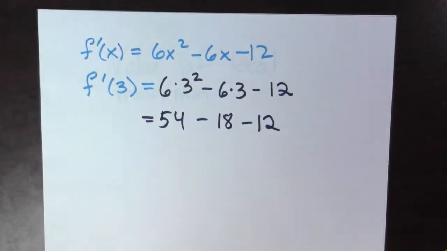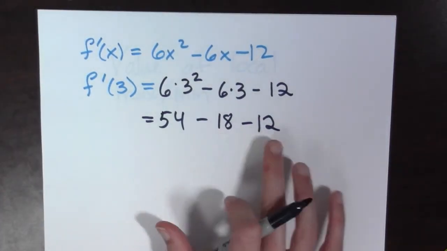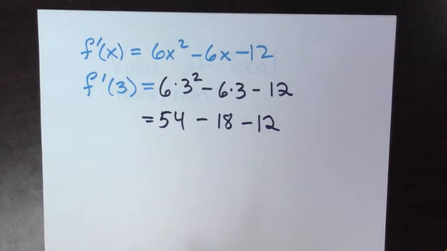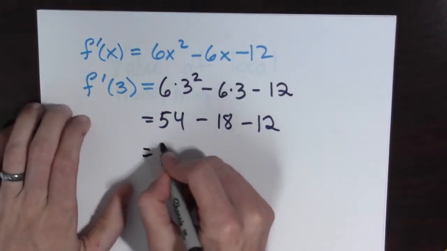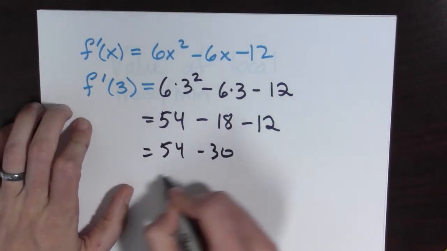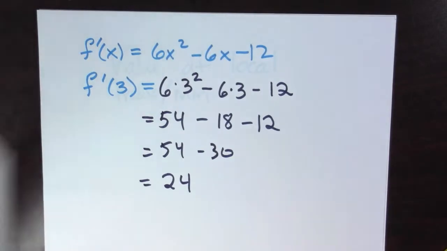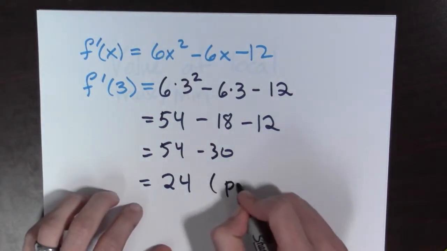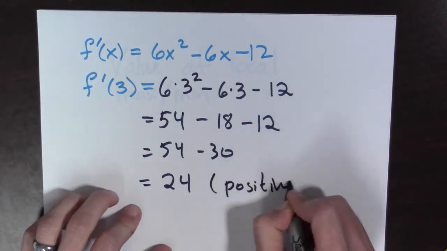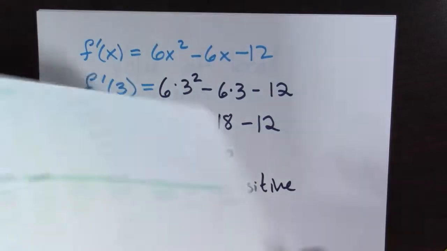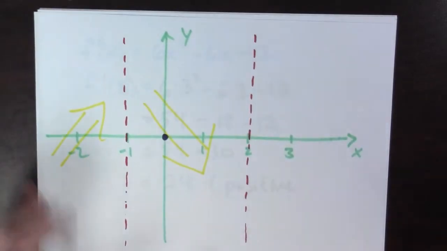Negative 18 minus 12 is equal to minus 30. So this is equal to 54 minus 30, which is equal to 24. Aha. So that's important to this discussion, positive, which means that our function is increasing.